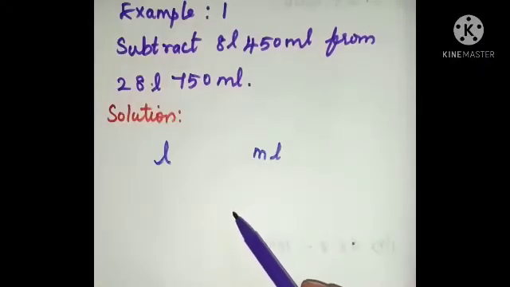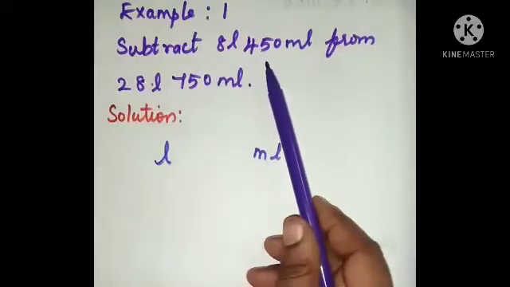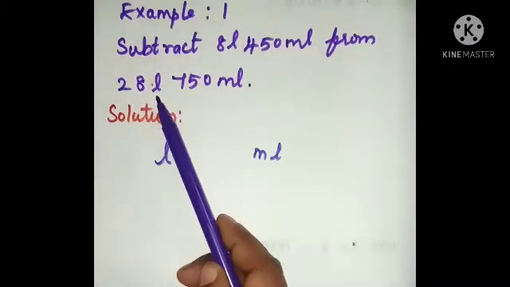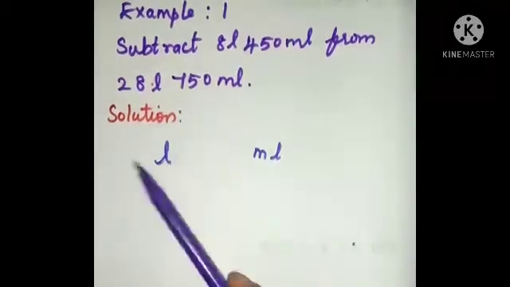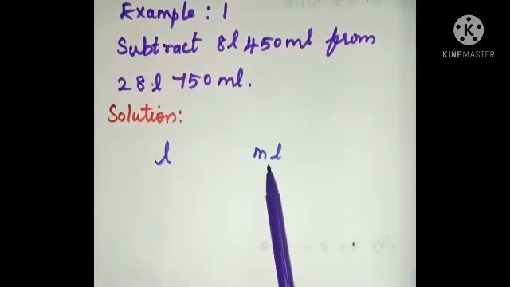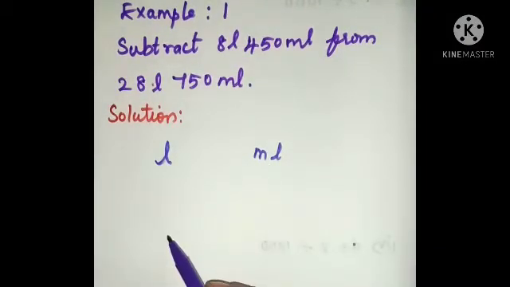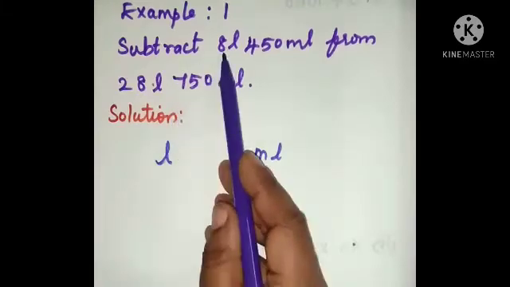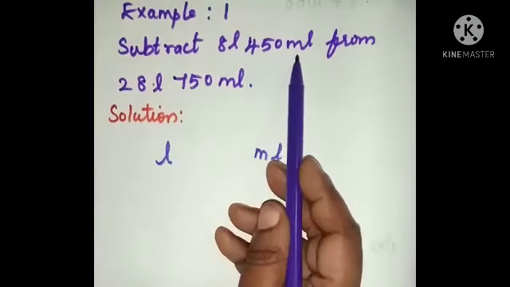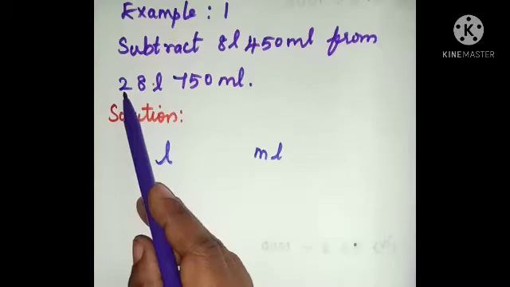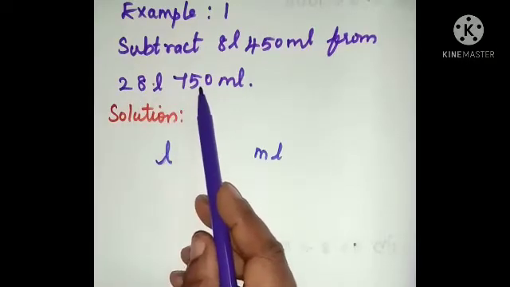Example 1. Subtract 8 liters 450 ml from 28 liters 750 ml. Children, first write down liters and milliliters. Write down the values. So here we are subtracting 8 liters 450 ml from the number 28 liters 750 ml.